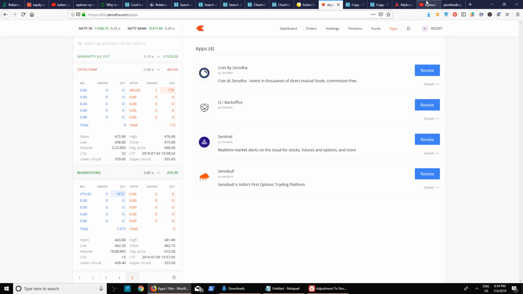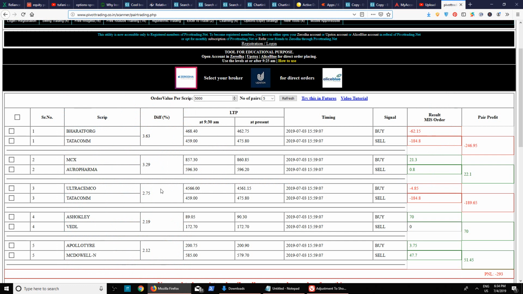At 9:30, the logic applies that you are taking a trade based on a trend, following the trend. As you can see here, we take a buy trade for Bharat Forge at 468, which would end up in loss, and Tata Communications.